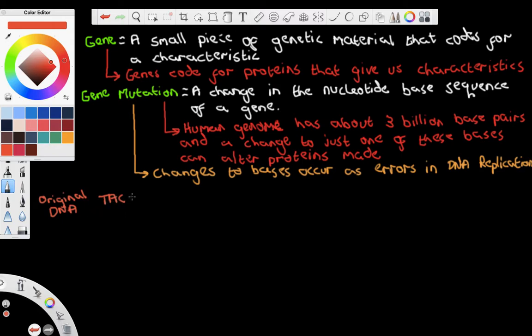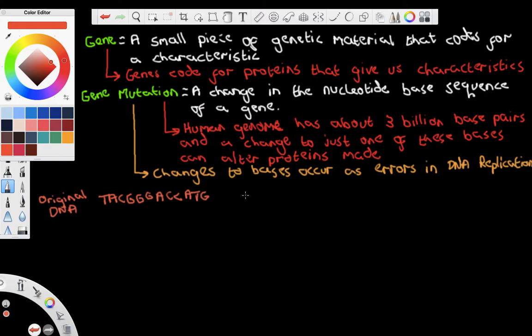So we've got TAC, and then we're going to go GGG, then we're going to go ACC, then we're going to go ATG, and I think that'll do. We've got what? 1, 2, 3, 4 codons.